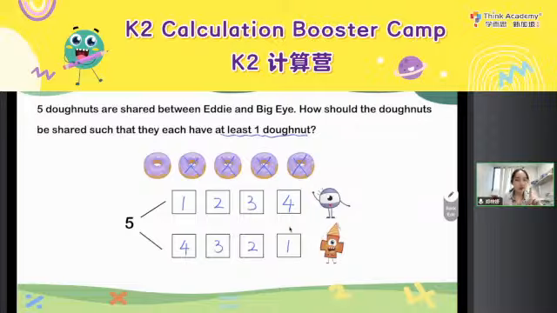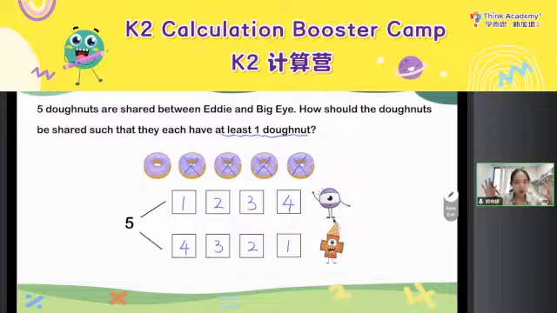And till now, and still, Big Eye wants more. Can Big Eye have 5 donuts? No. Because the question says that they each must have at least 1 donut. So if Big Eye has already 5 donuts in here, which means there's nothing left for Addie. All right, that is completely not fair, right?